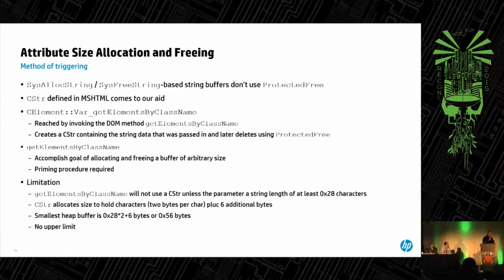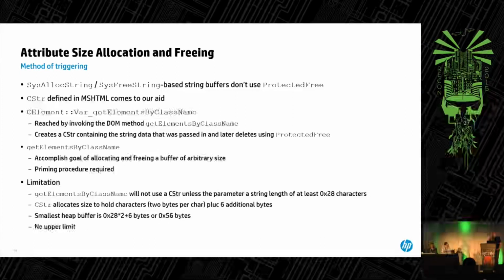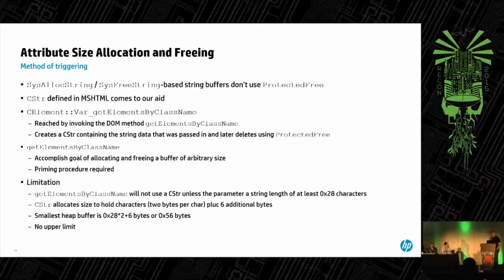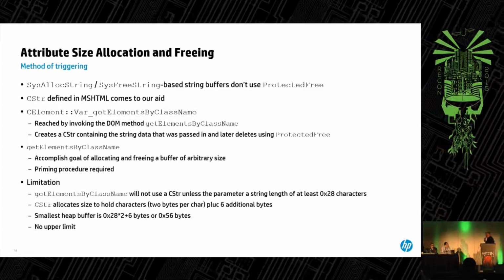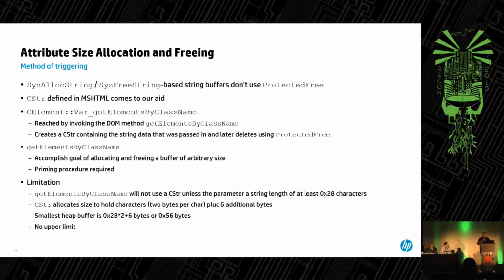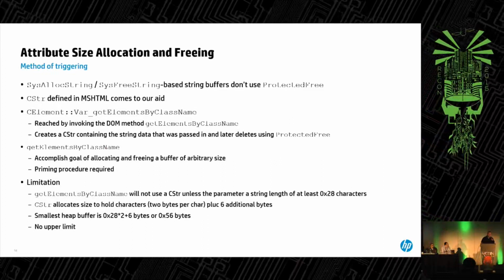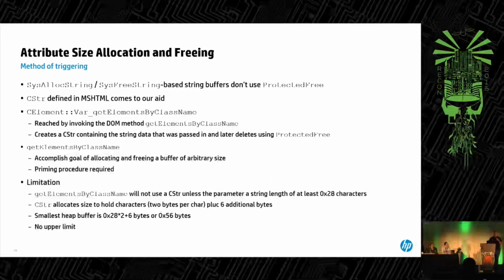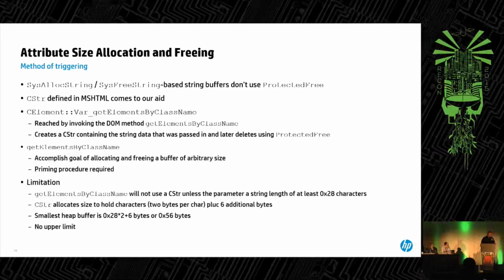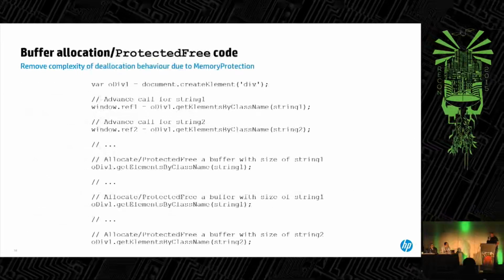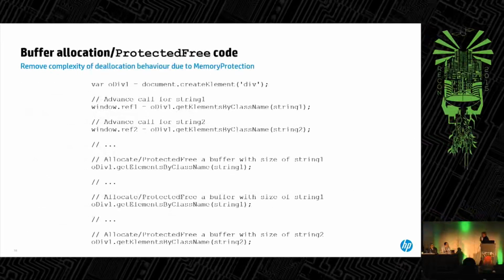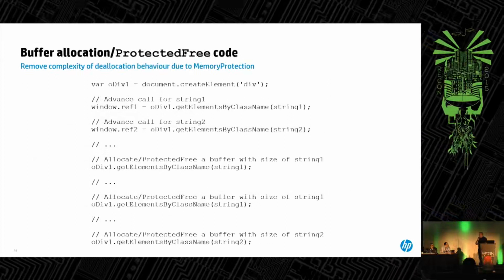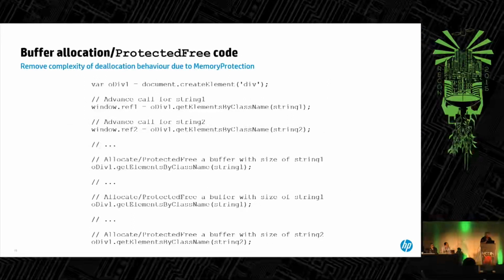Really the only limitation is on the size of the object. The smallest buffer you can use in CStr is 56 hex, but there is no upper limit, so we can be guaranteed that we're going to hit that threshold of 100,000 bytes and that check inside of protected free. So what does the code look like? Well, this is it, pretty simple. First, we're going to create a DOM object.